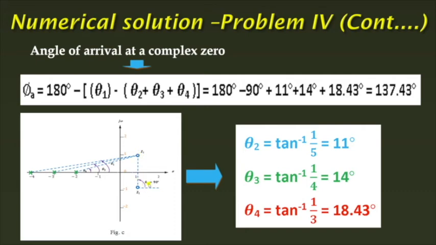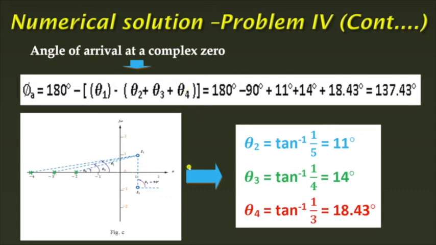Then we get theta 1, theta 2, theta 3, theta 4. Theta 1 is the 90-degree angle, minus the summation of all the angles from the other poles: theta 2 plus theta 3 plus theta 4.